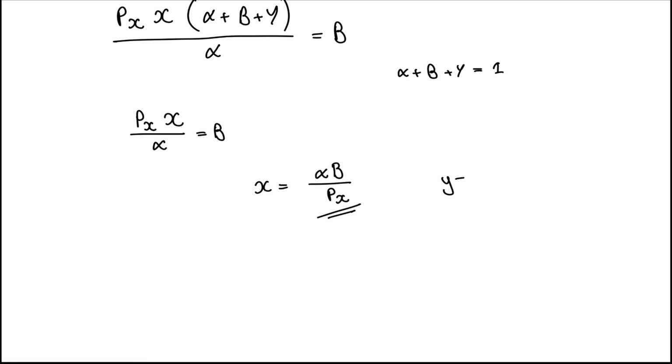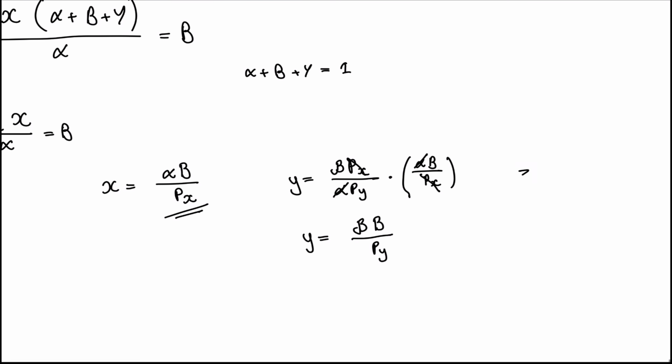If we now rewrite y in terms of x, we had beta px divided by py multiplied by x over alpha, but we can replace that x with alpha b over px, so we can cancel out the px, and we can cancel out the alpha, so we get y is equal to beta multiplied by b divided by py.